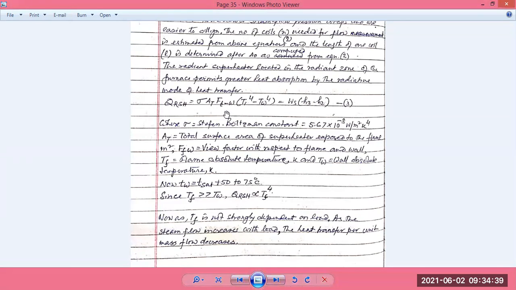Due to the heat drop, the temperature of the flue gas at the inlet was T1 and at the outlet T4. Now, if T_F is not strongly dependent on load, the steam flow increases with load, and the heat transfer per unit of steam flow decreases.